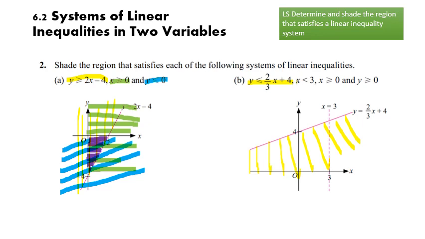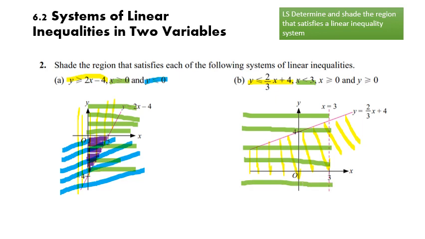Untuk x less than 3. Okay, kita tengok kenapa dia dot. Sebab dia less than. Okay, so dia nak less than 3. Maksudnya nilai x yang kurang daripada 3. Maka sebelah kiri. So semua kawasan kiri. Okay, so tengok yang mana kawasan yang dah ada common region. So common region kita yang ni sekarang ni.